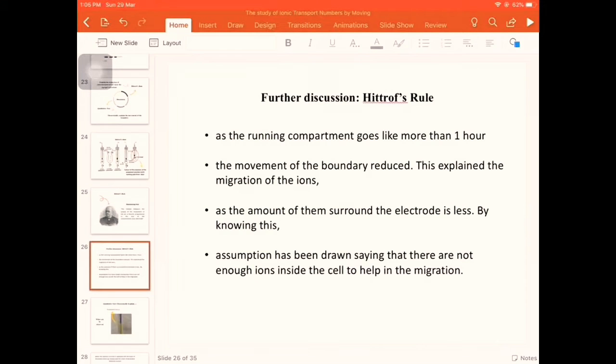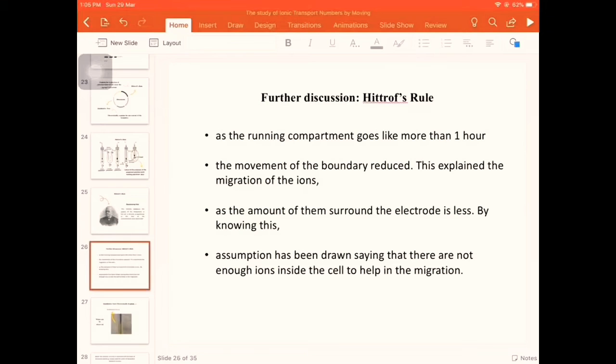And then as we move further into the discussion, we ran the compartment for about 1 hour. We noticed that as we go over time, the movement of the boundary is slower and slower and slower. This explains the migration of the ion more, because most of the ions are being used throughout the experiment.